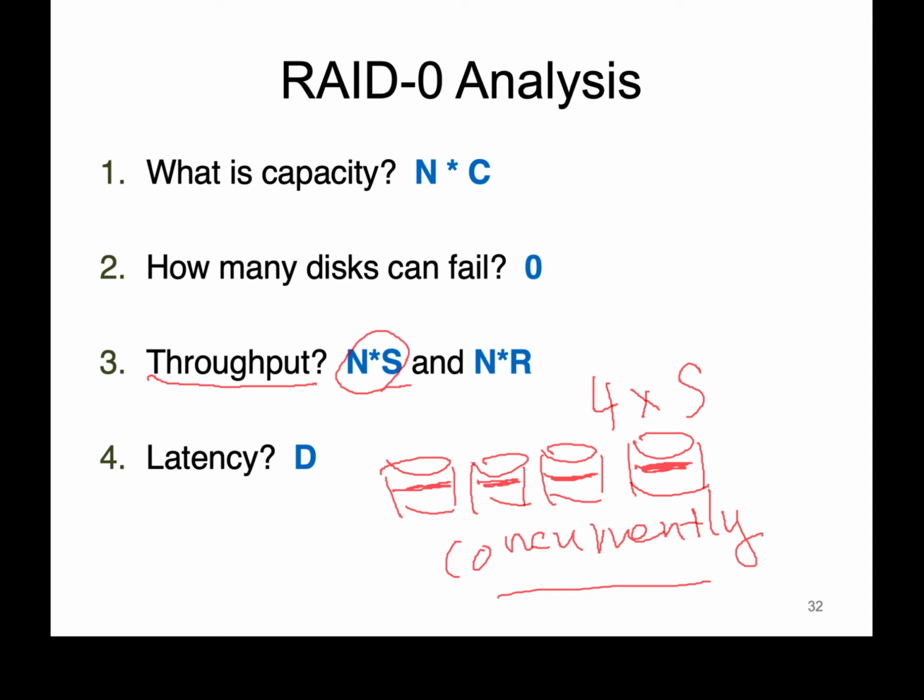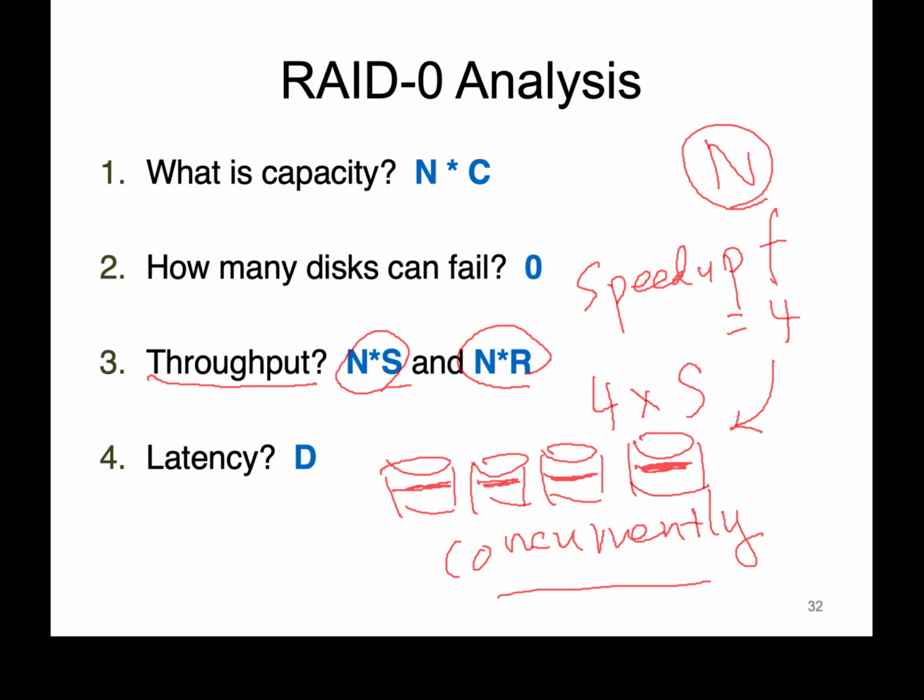So that is why we have the random aggregated throughput, which is n times r. Both of these two factors have a speed up factor of 4 in this case, and for a more general case, a speed up of n, right? Assuming we have a total number of n hard disk drives employed by this RAID 0.